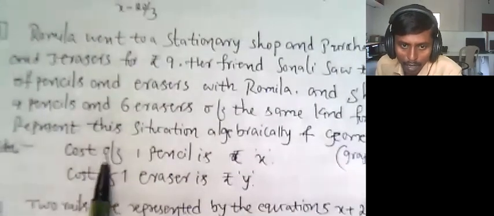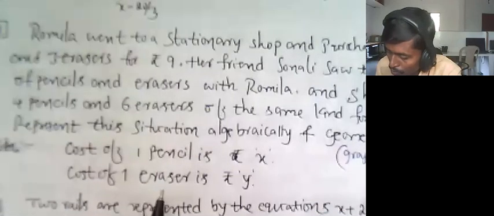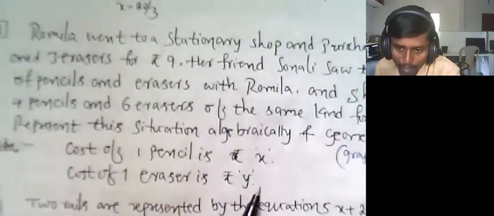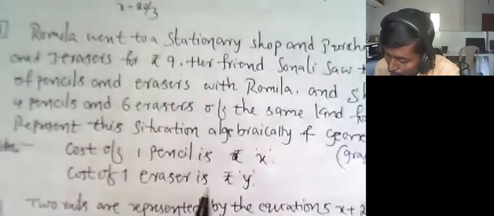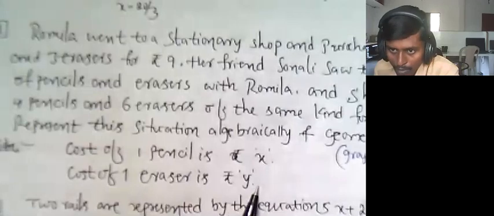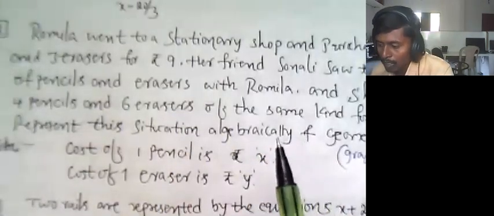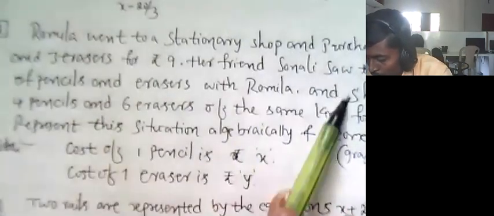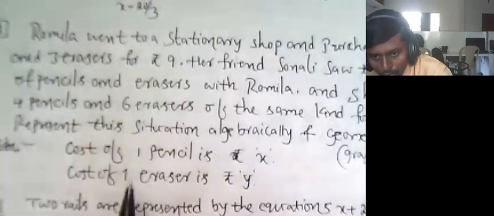Take the cost of one pencil as X and the cost of one eraser as Y. First construct the equations. In your examination or test, this is a 4-mark question. For construction of the equation, you will get 1 mark.